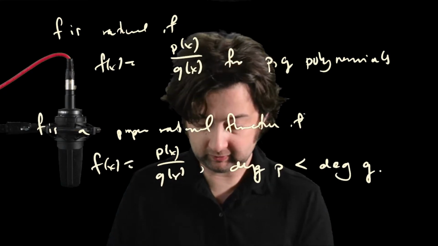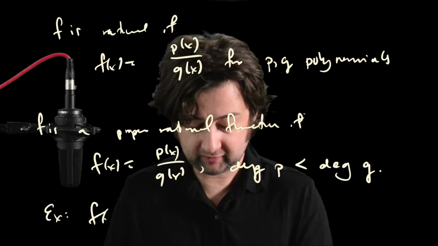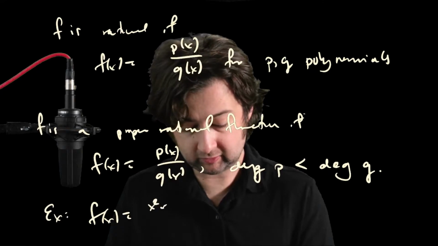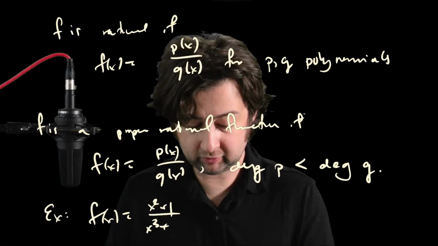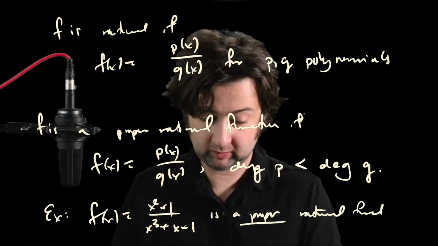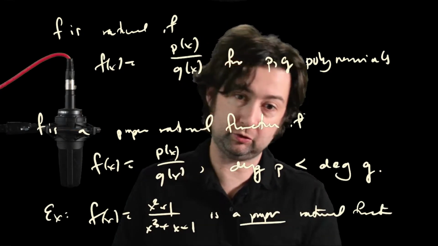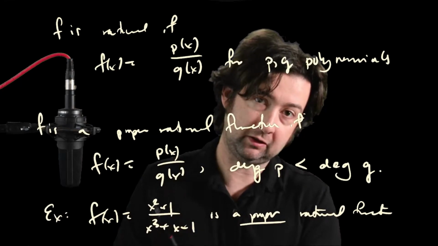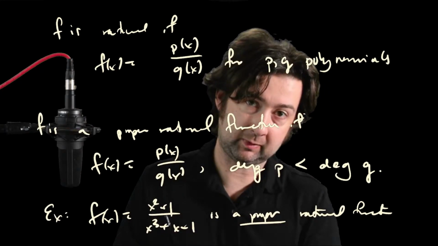So as examples here, f of x is equal to x squared plus 1 over x to the third plus x plus 1. That's a proper rational function, because the degree of the numerator is 2 because its highest power is 2, and the degree of the denominator is 3 because its highest power is 3.